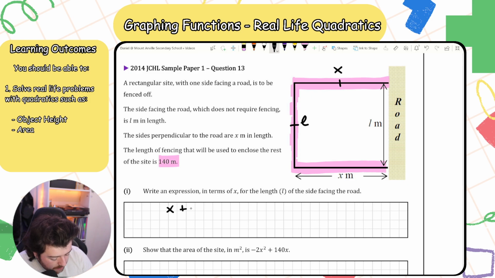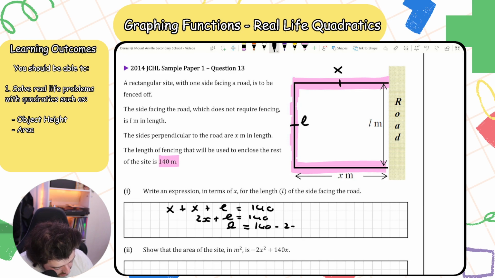So 2x plus L is equal to 140. L is equal to 140 minus 2x, and that's it. That's all we needed to do.